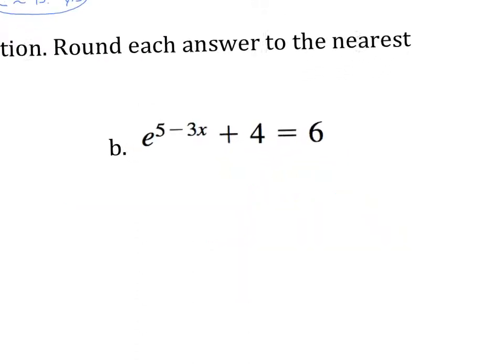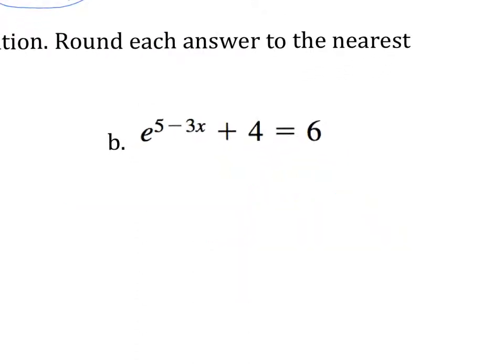Continuing on example B, we want to undo and get rid of the e at some point because I want the exponent to be by itself. I'm solving for x. So the first thing I'm going to do is subtract 4 from both sides. In doing that, I get e to the 5 minus 3x equals 2.